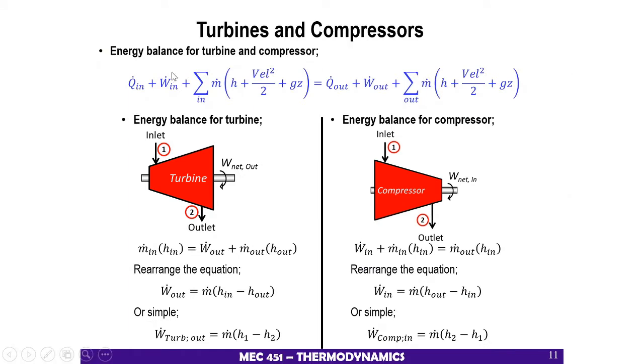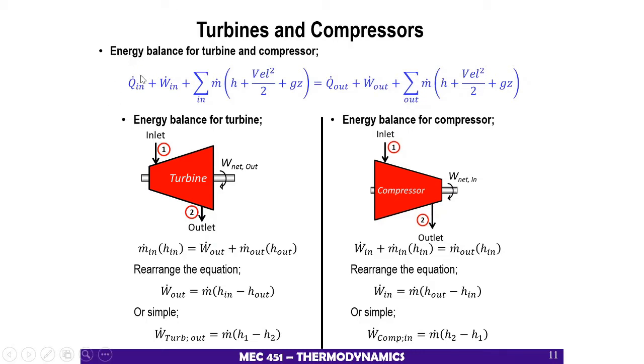For the energy balance of a turbine and compressor, as we assume no heat is produced at inlet and outlet, we can take out the heat in and out, unless it is stated by the problem or exercise that your compressor or turbine is producing heat. If not, in general we assume that the turbine and compressor are not associated with heat.